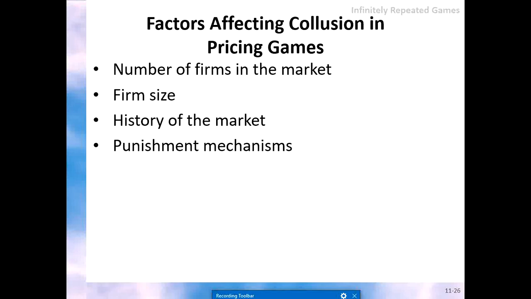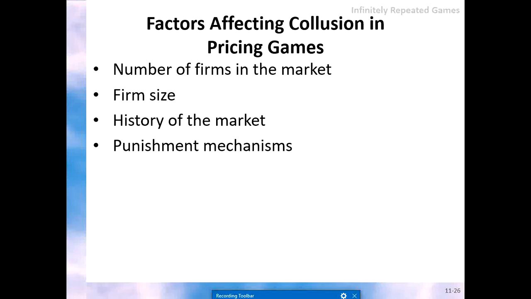Also, a factor that affects collusion is the number of firms in the market. If there are fewer firms, it is easy to punish. If there are so many, it's very difficult. How many companies are you going to punish? Are you going to improve your company's situation, or just keep looking and studying others on how to punish them?